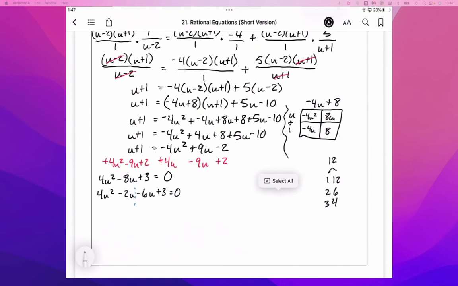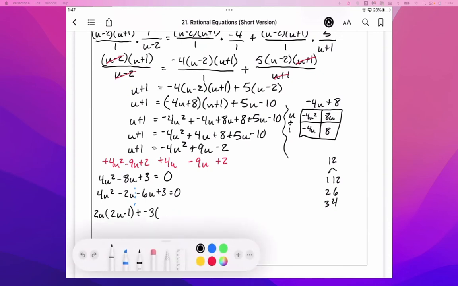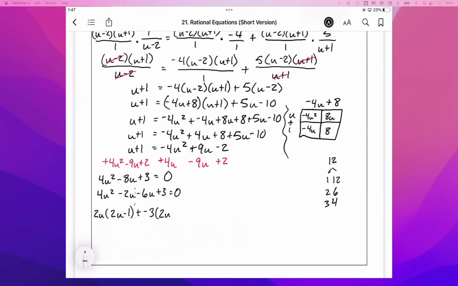So on the left, we can factor out a 2u, which leaves 2u minus 1. On the right, we need to factor out a negative number so that we end up with a 2u minus 1 there, hopefully. And so what are we taking out? Negative 3. And that would make that a 2u minus 1.